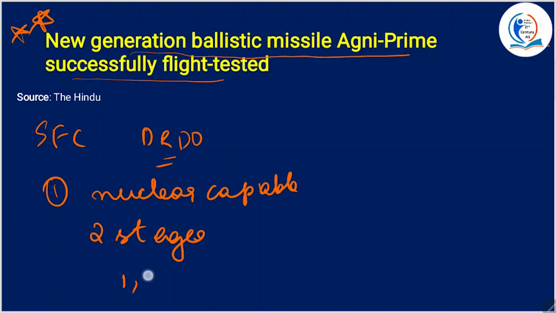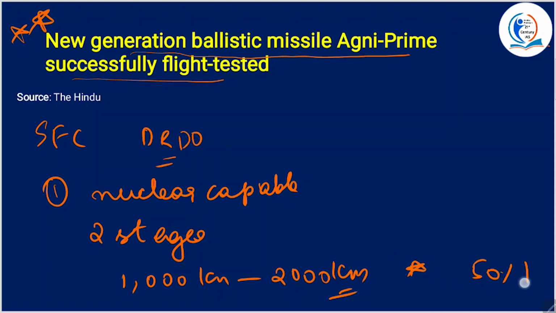The maximum range is 1000 to 2000 kilometers, and it is lighter than all the earlier Agni series missiles. This is very, very important. It is lighter. It weighs at least 50% less than the Agni 3 missile and has new guidance and propulsion systems.